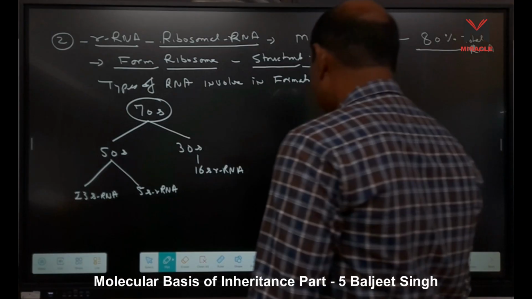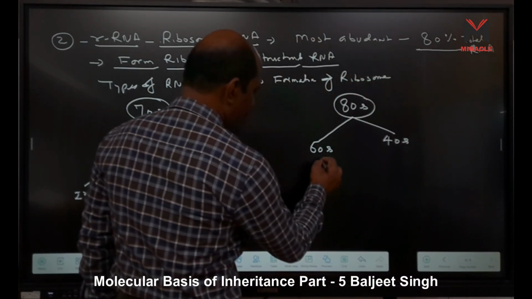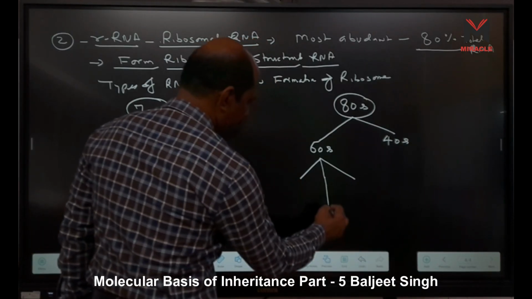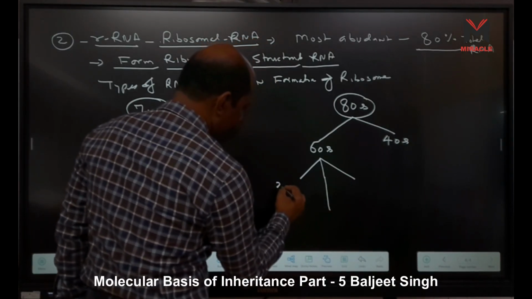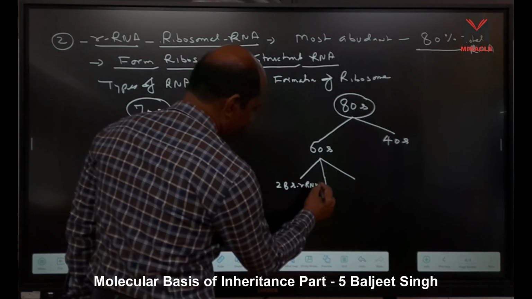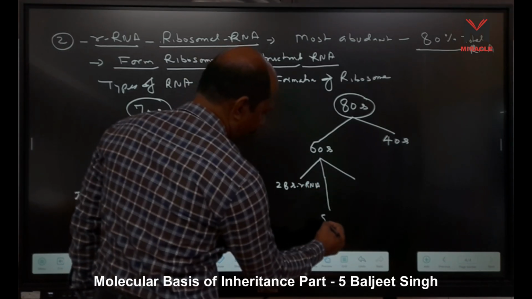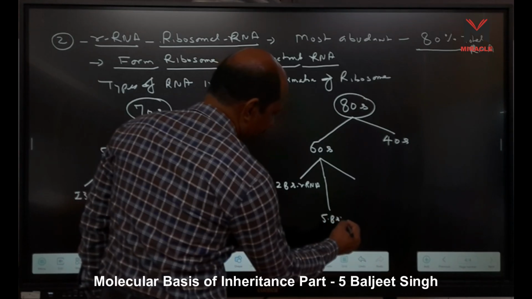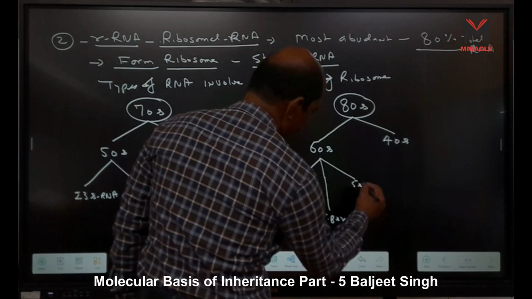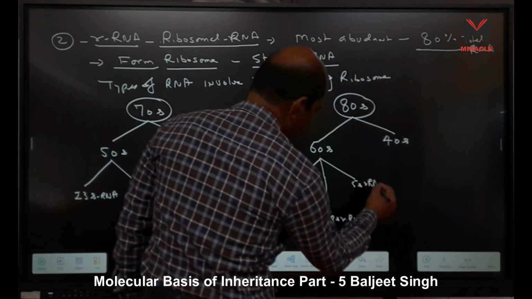And here 60S, when we consider this 60S, it is made up of three different types of RNA: 28S ribosomal RNA, 5.8S ribosomal RNA, and 5S ribosomal RNA.